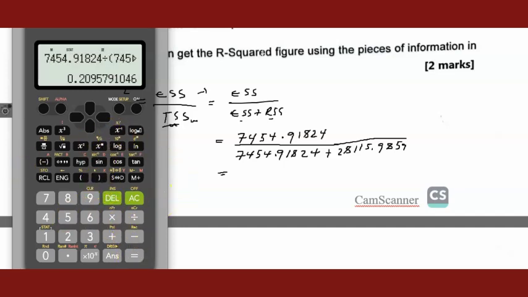So the answer we have is 0.209. So let's just round off to 6, like that.